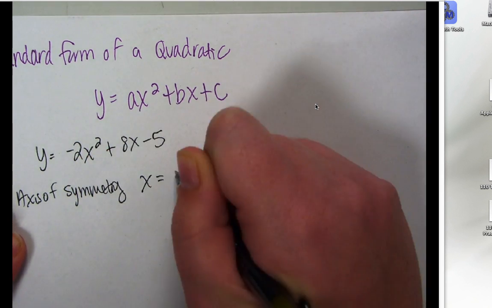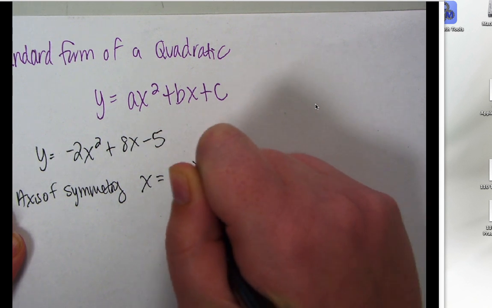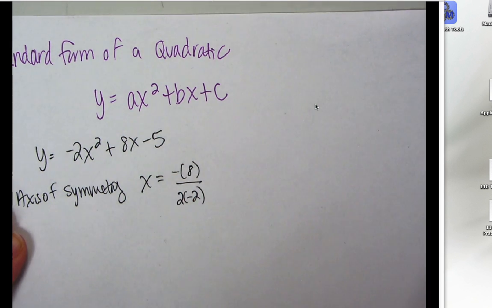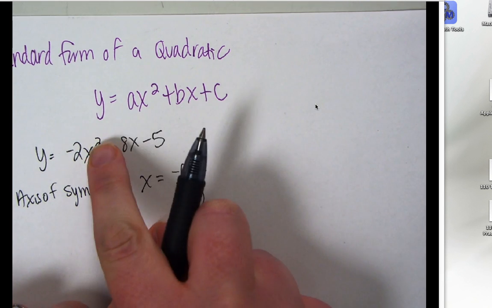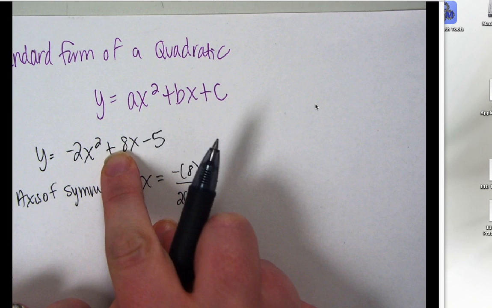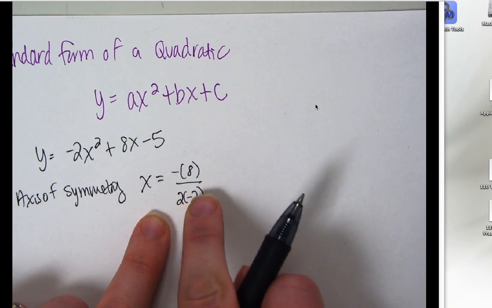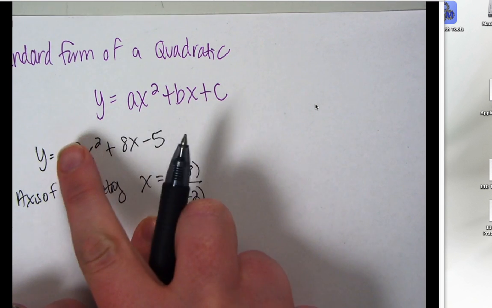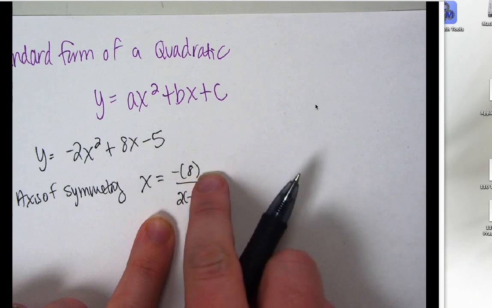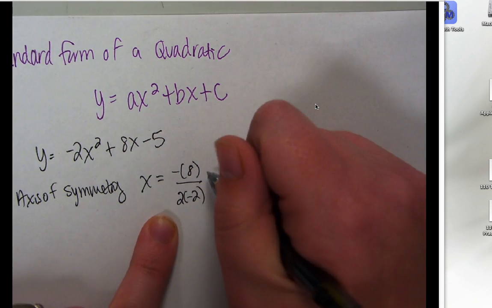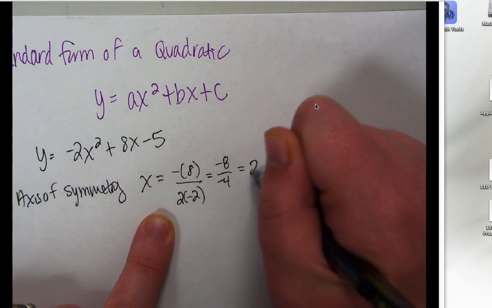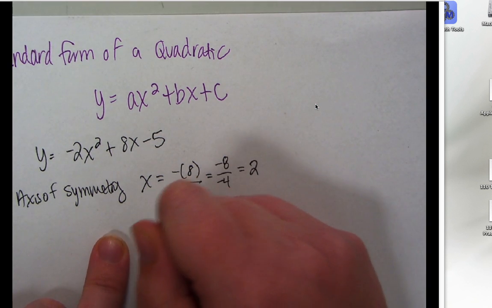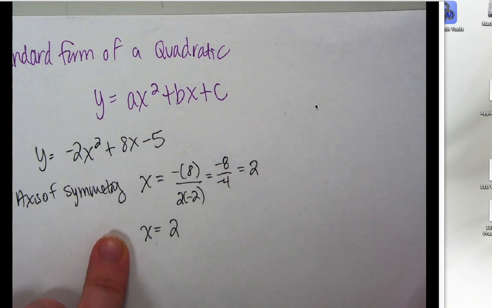That would be x equals the opposite of 8 over 2 times negative 2. This is coming from negative b, in which case ours is negative 8, and then dividing by 2 times a. Our a value is negative 2. So it's the negative b over 2a calculation. We get negative 8 over negative 4, which is 2. So our axis of symmetry is x equals 2.